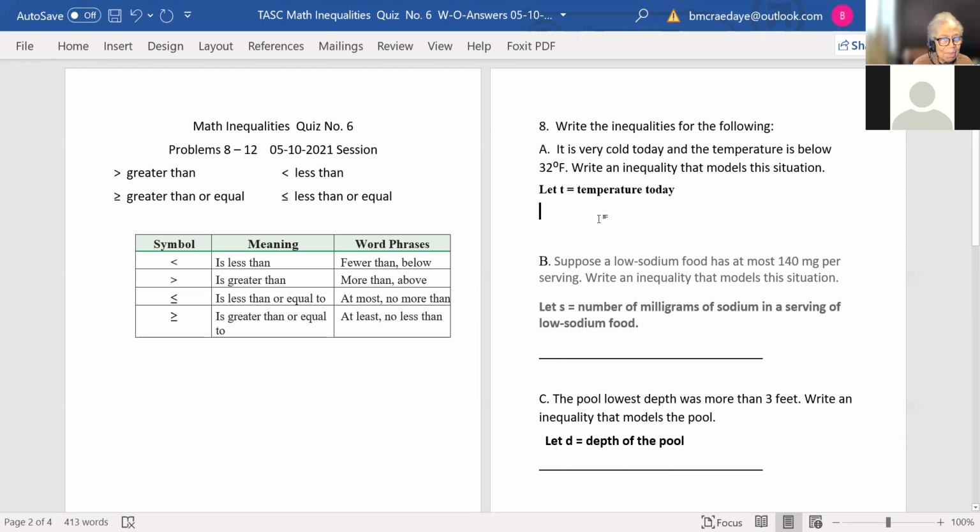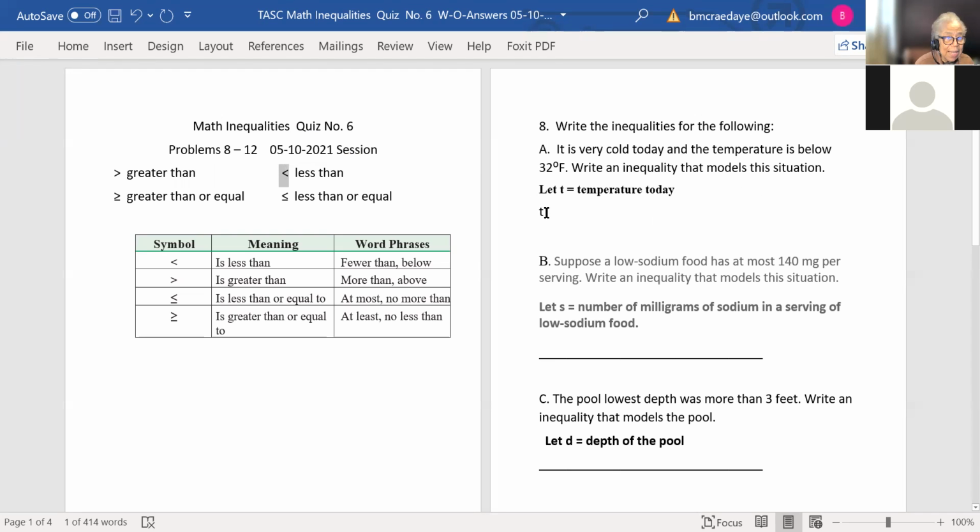Less than is the opposite direction. No, what is the variable? What are you saying is less than? What are we talking about? We talk about T, temperature, here. So T is less than. Let's get our less than symbol right here.